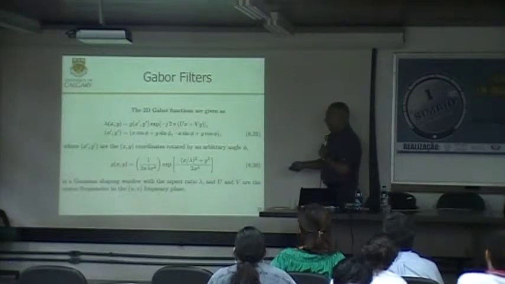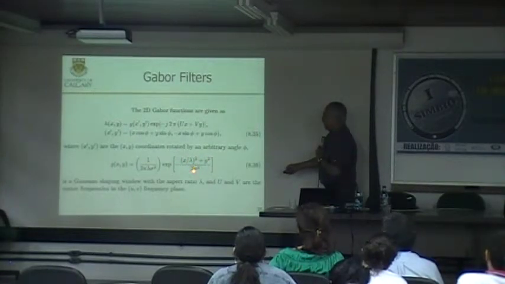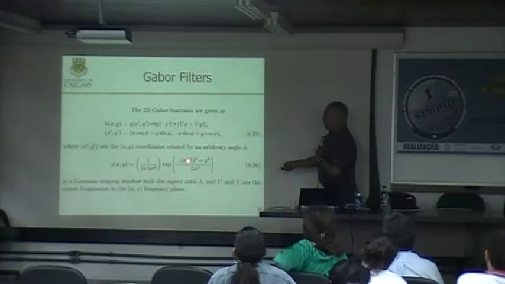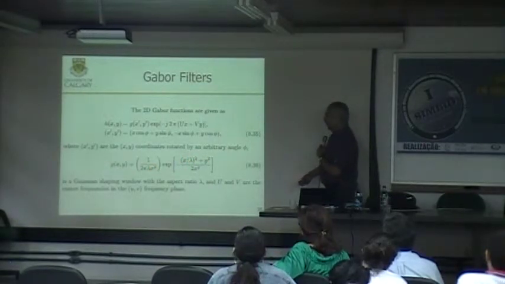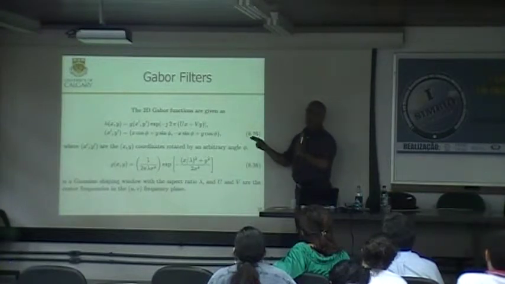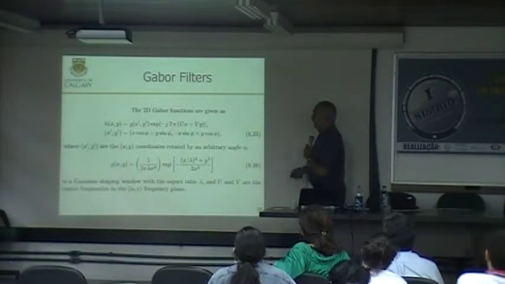There are various formulations. I showed one formulation in the morning. This is slightly different. X divided by lambda square plus y square and sigma square. So sigma is the width. X divided by lambda will adjust the scale between x and y. And sigma square here. If you want, you can separate sigma x, sigma y for the 2 directions.